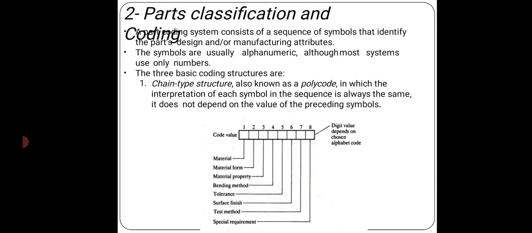Then the first one, the parts classification and coding. The parts coding system consists of a sequence of symbols that identify the part's design and/or manufacturing attributes. So we can identify the parts by classification and by the coding.